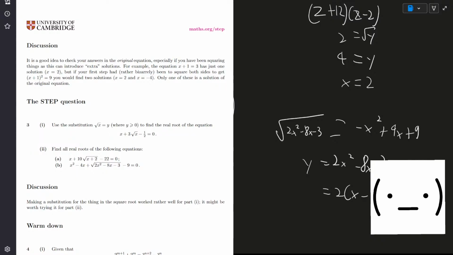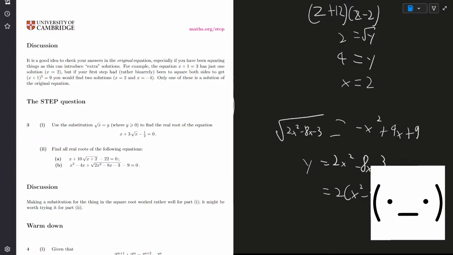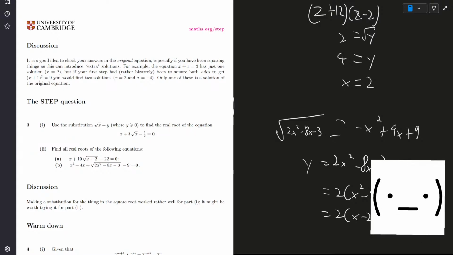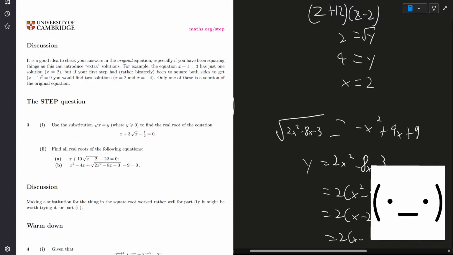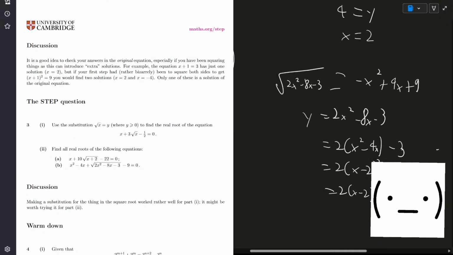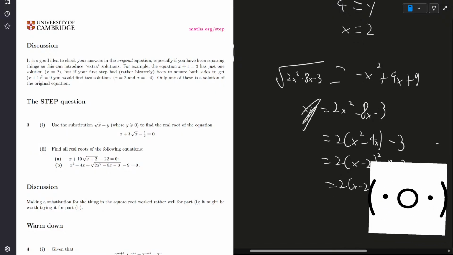Wait. Okay, so if you complete the square, you get this, which is nice and lovely.